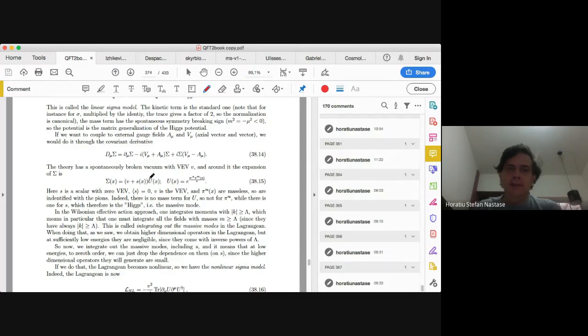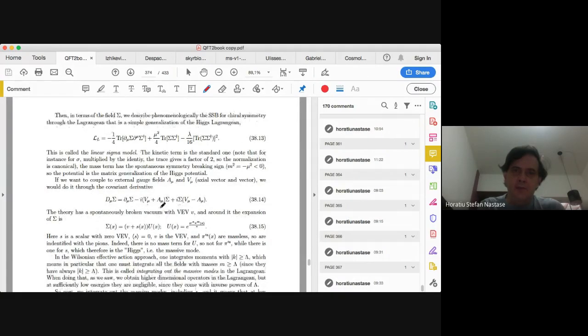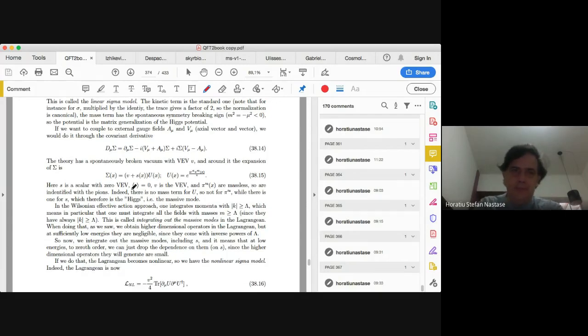Then this Lagrangian has a spontaneously broken vacuum with a VEV V, which can be found from here, as usual, the square root of mu squared over lambda. And so sigma then must be this VEV V plus perturbations.